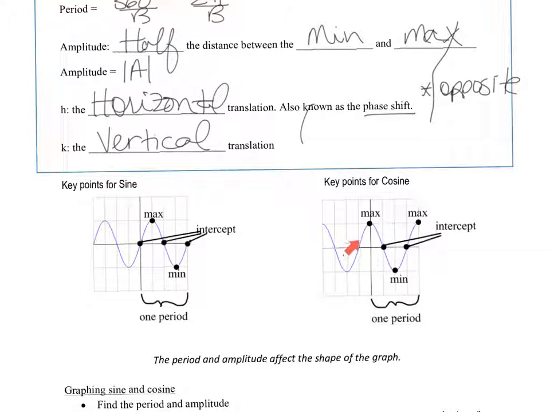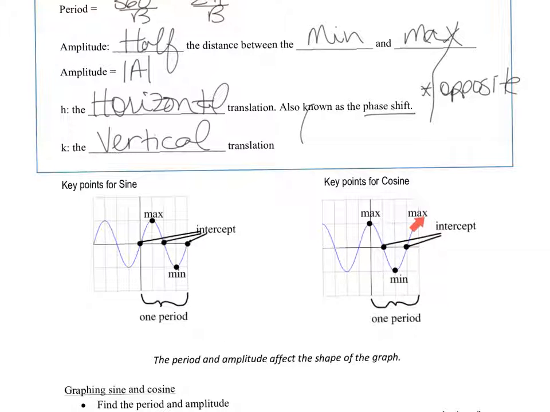For cosine, it's very similar, but remember that cosine starts out at a high point, comes down through the midline, which in this case is the x-axis, hits a low point, back through the midline, and here's when it begins to repeat at another high point. So again, 4 key points in this period: high point, intercept, low point, intercept.